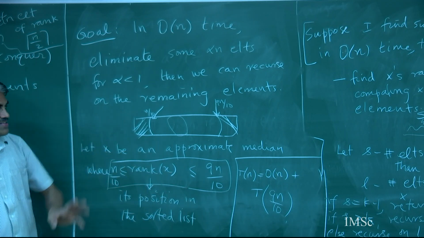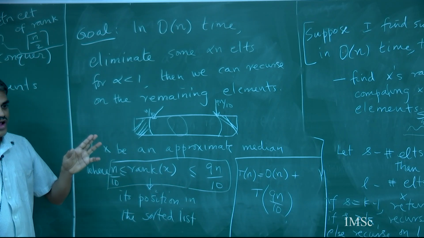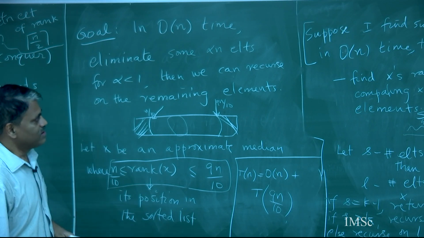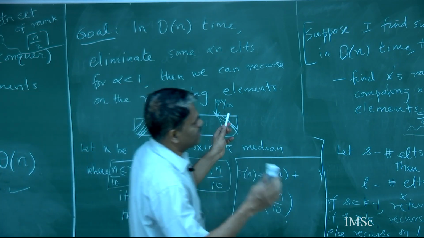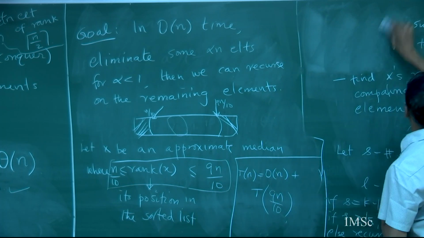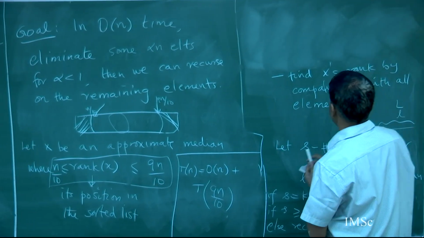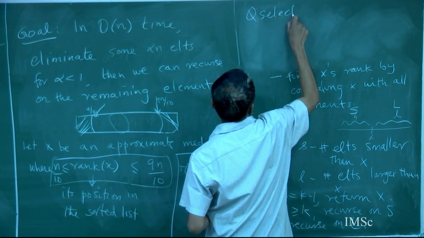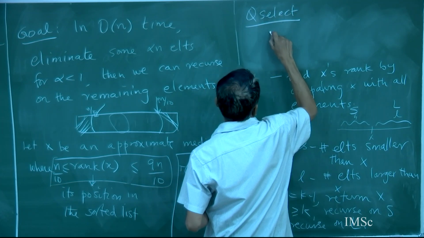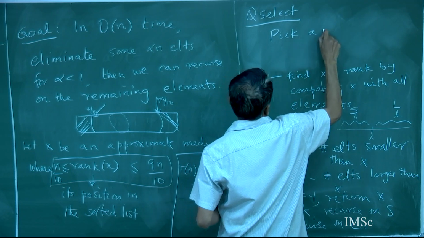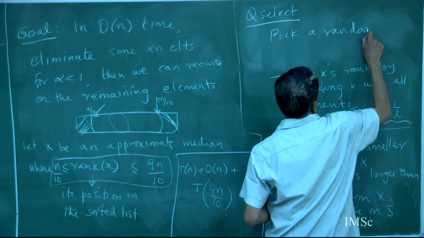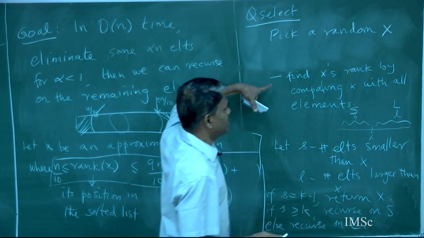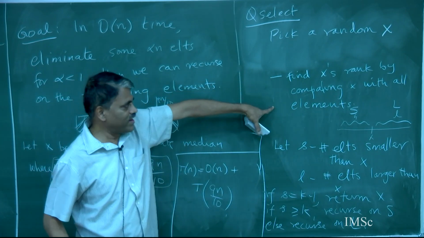So this is a very simple quicksort variation. Here is a randomized algorithm: quickselect. Pick a random X, find X's rank by comparing with all other elements.